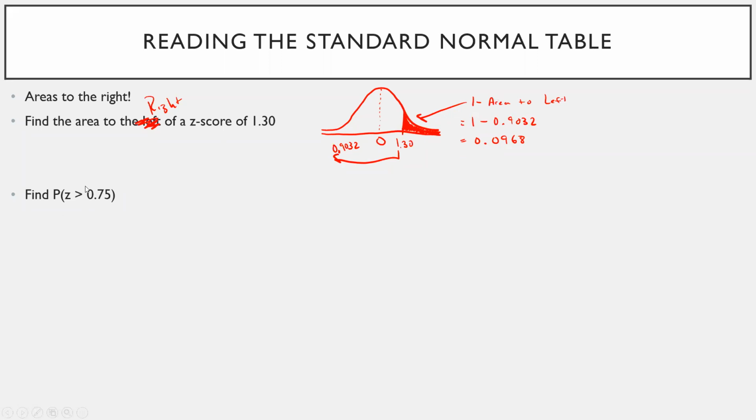All right, let me do this one here. Find the probability that a z-score is greater than 0.75. So you're going to draw the curve. 0.75 is over here. And I want to be greater than. So again, I'm going to shade to the right. So whenever you have an area to the right, it's always 1 minus the area to the left.